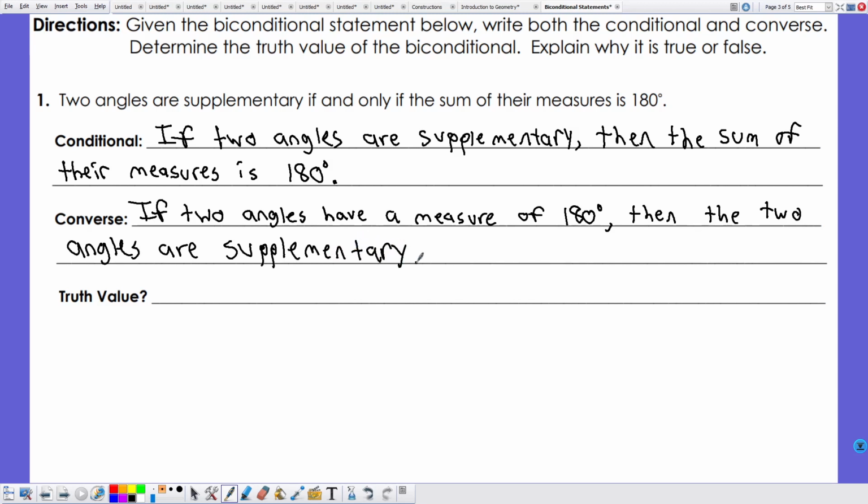So again, it's just the backward direction of the conditional.